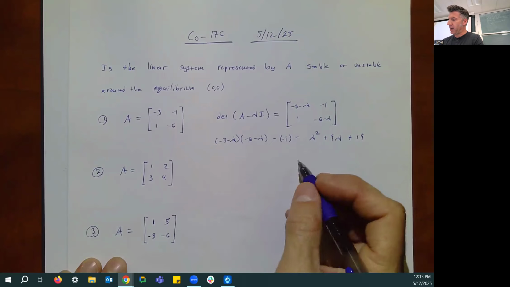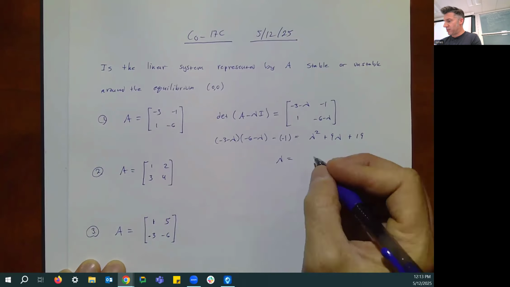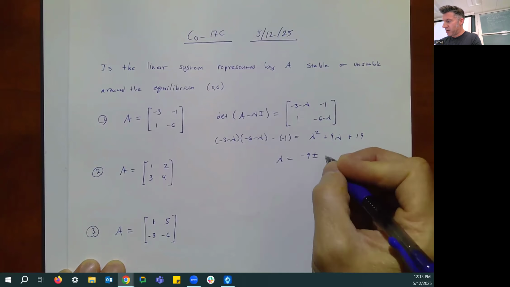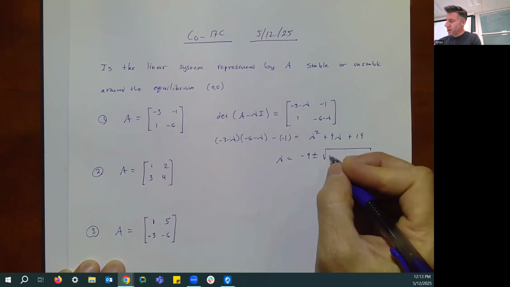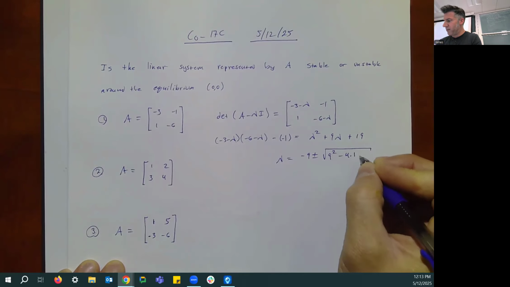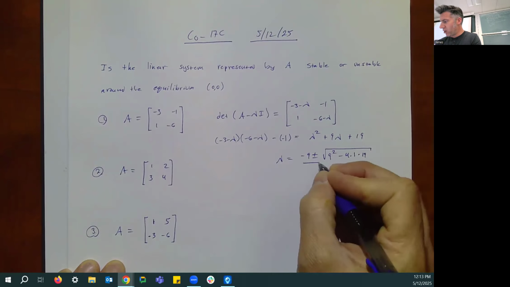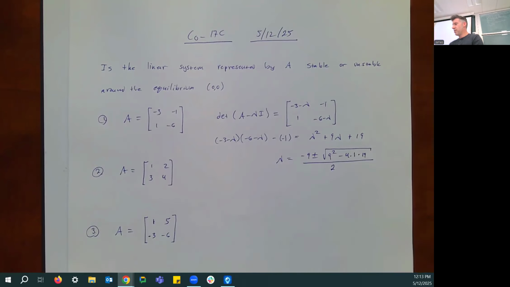So if I start finding my eigenvalues, that doesn't factor, so lambda is going to be -9 plus or minus the square root of 9 squared minus 4 times 1 times 19, all over 2. And I claim that we can stop it.